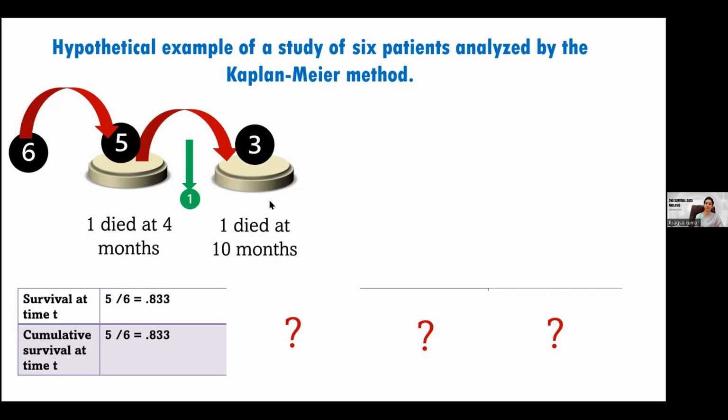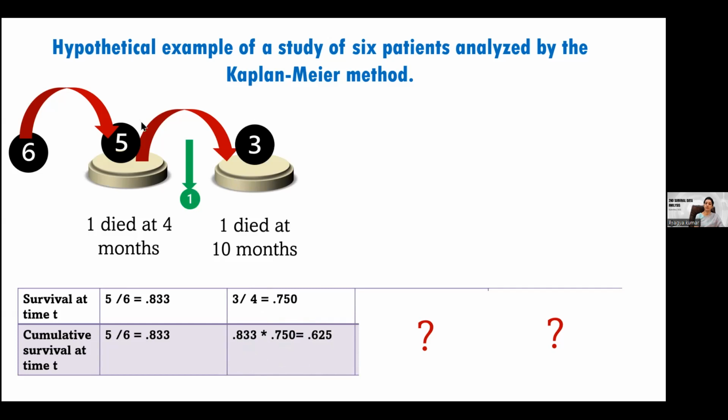In the next case, 1 person died at 10 months, and there is another person who's a dropout. So you have to remove 2 cases from the number of cases. So 3 cases are left, because 1 died and 1 is left out. What will be the cumulative probability at that time?